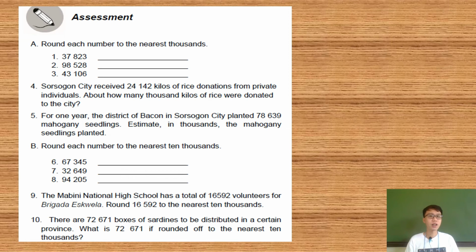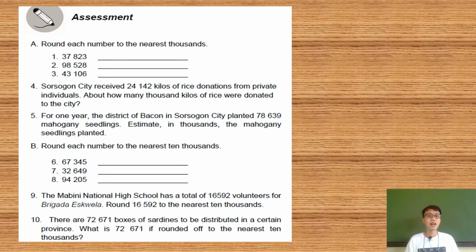And for item 4, Sorsogon City received 24,142 kilos of rice donations from private individuals. About how many thousand kilos of rice were donated to the city? Number 5. For 1 year, the district of Bacon in Sorsogon City planted 78,639 mahogany seedlings. Estimate in thousands the mahogany seedlings planted.